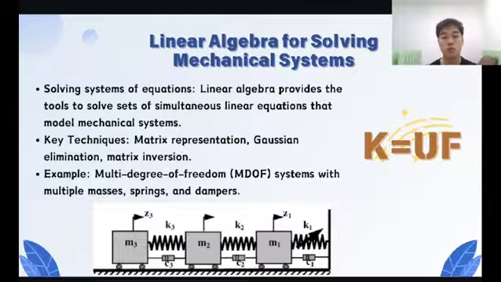Ku equal to F, where K is the stiffness matrix, representing the stiffness of each component in the system. U is the displacement vector, which contains the displacement of each mass. F is the force vector, representing the applied external force.